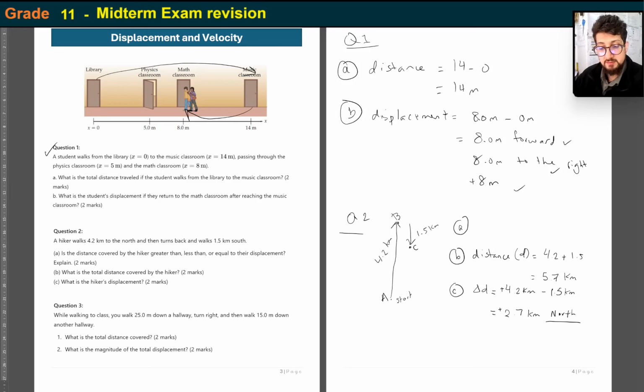Now, knowing that, let's go back to part A. Is the distance covered by the hiker greater than, less than, or equal to their displacement?